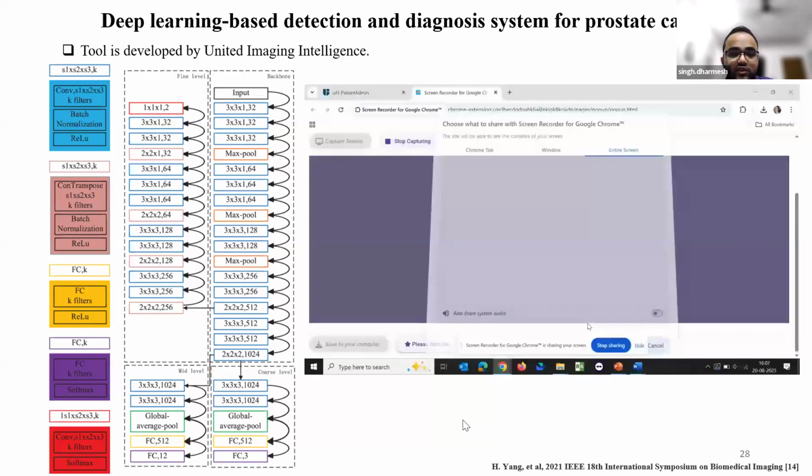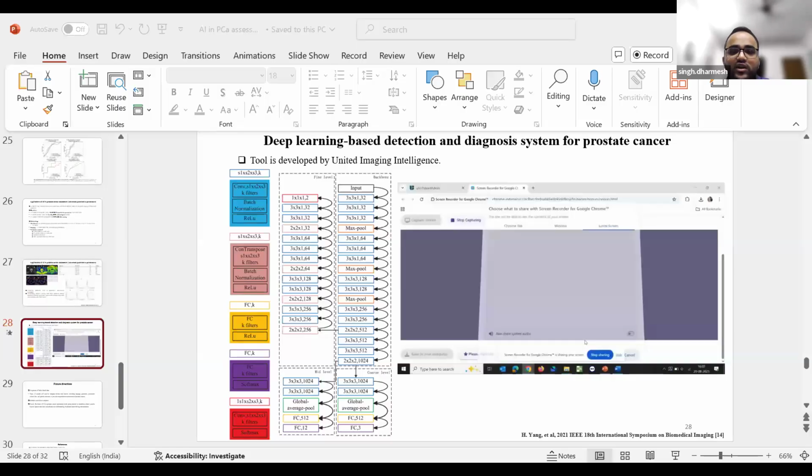So now I am closing this and showing you the live demo. Okay, so this is our tool. This is only for demo purposes, but this tool is nowadays commercially available.